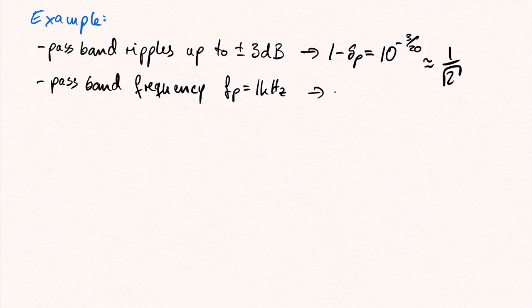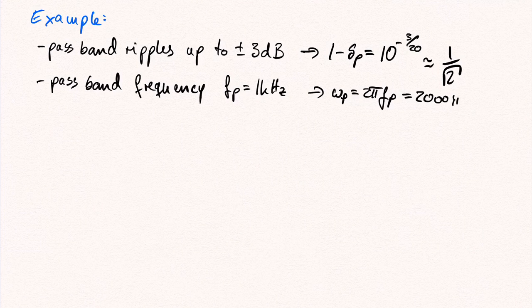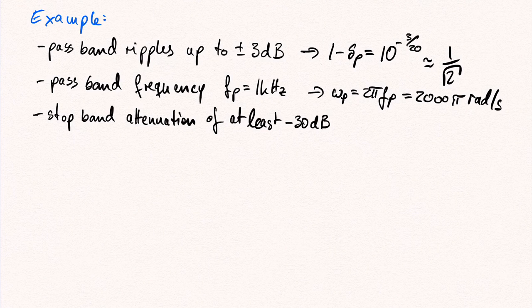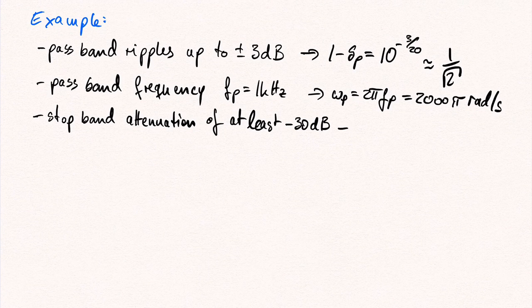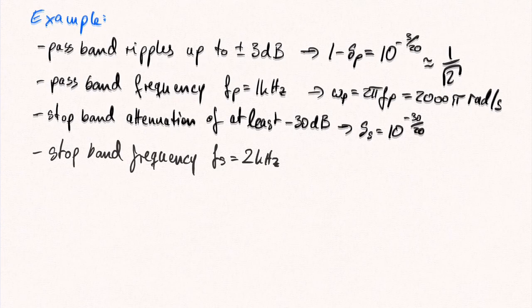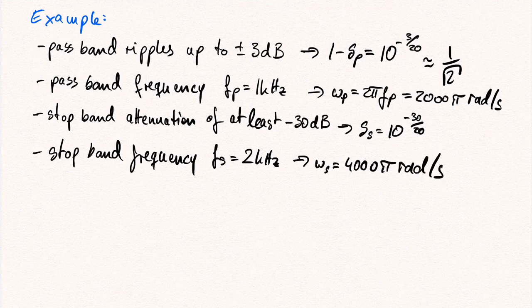We can also express this as omega p, which is equal to 2 pi times fp, which is 2000 pi radians per second. The stopband attenuation has to be at least minus 30 dB, which implies that delta s is equal to 10 to the power of minus 30 divided by 20, which is minus 30 dB in real numbers. And the stopband frequency is to be fs equals 2 kHz, so that omega s is equal to 4000 pi radians per second.